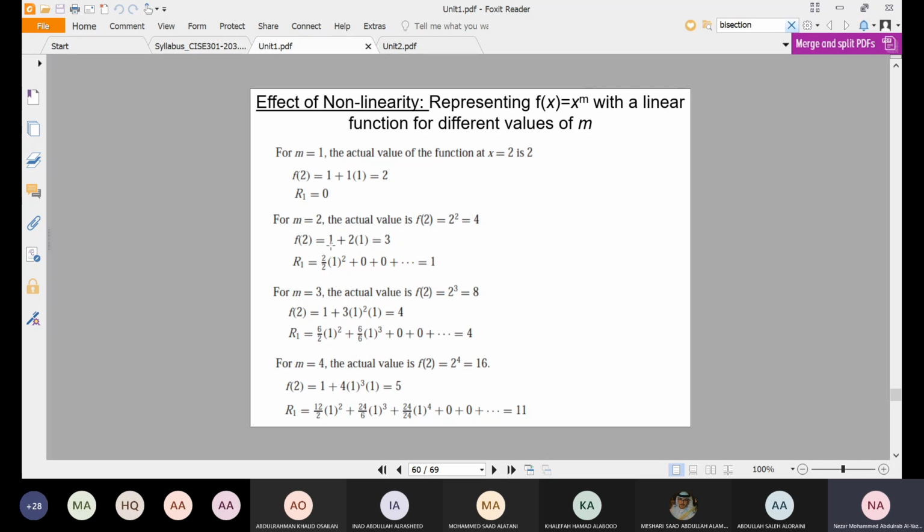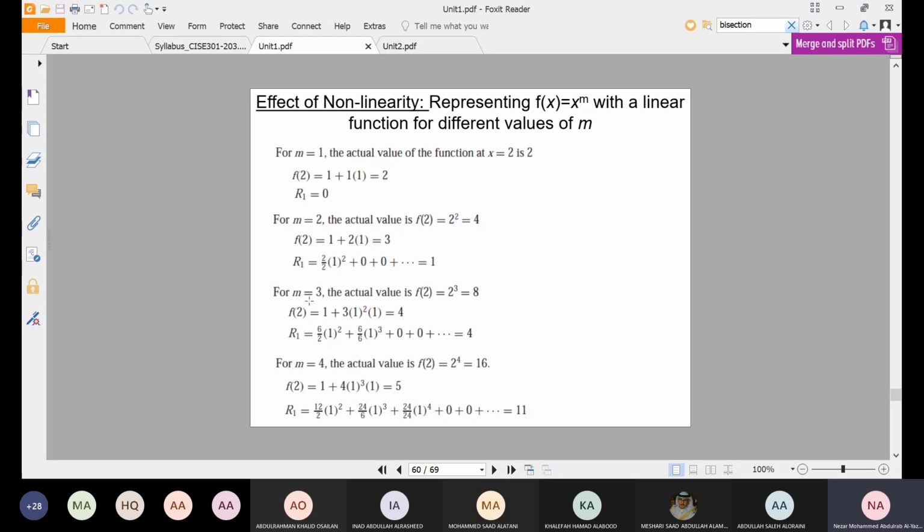Also, we use the first order approximation of the function, using the function at the center point plus the first derivative at the center point multiplied by h, and h equals 1. So here I have 1 plus 2, this will be 3, and the true value is 4. So the error will be 4 minus 3, which is 1. So the truncation error equals 1.